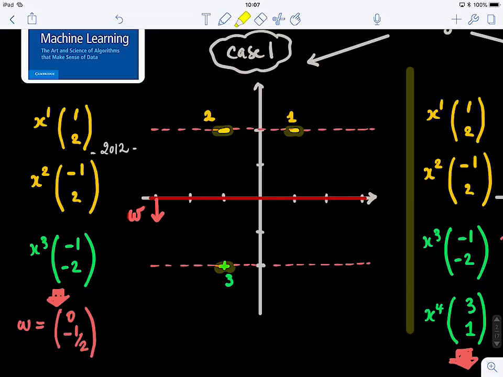We are in a 2-dimensional space, so each of these samples, x1, x2, and x3, has 2 features. Now, if we have derived all the maths and solved this problem, what we're looking for is the hyperplane that maximizes the margin between these 2 classes.